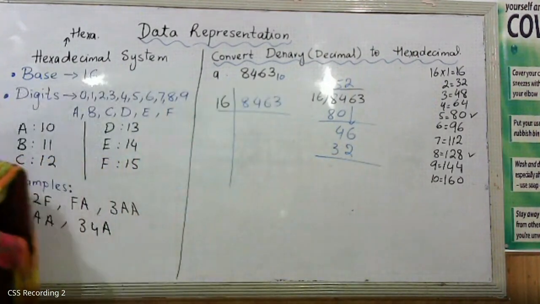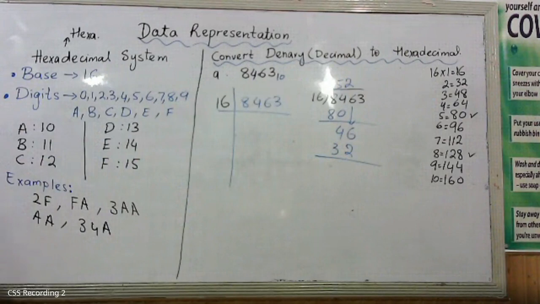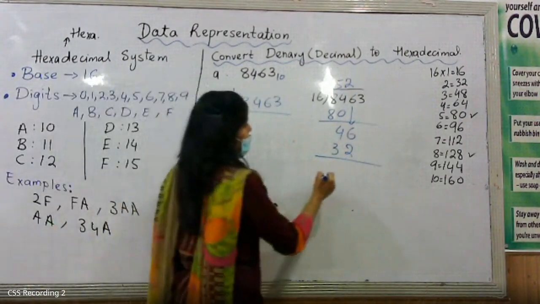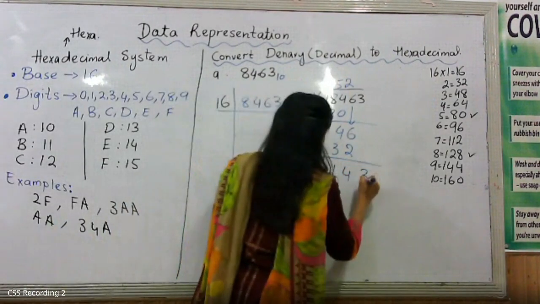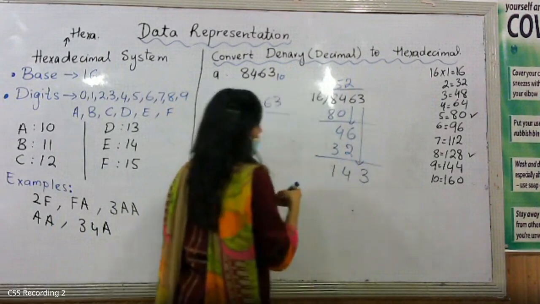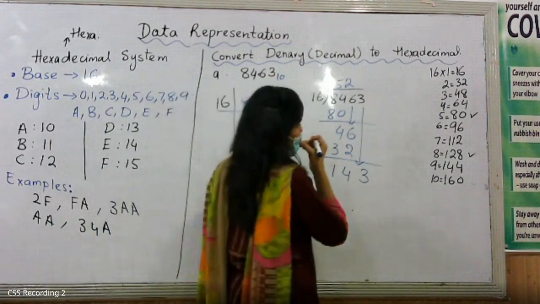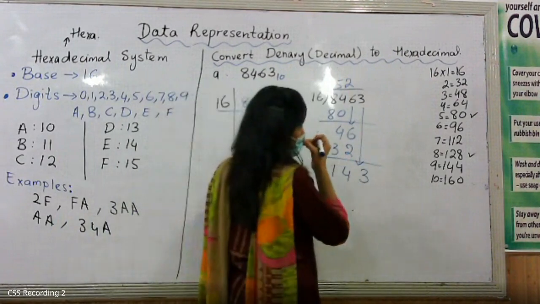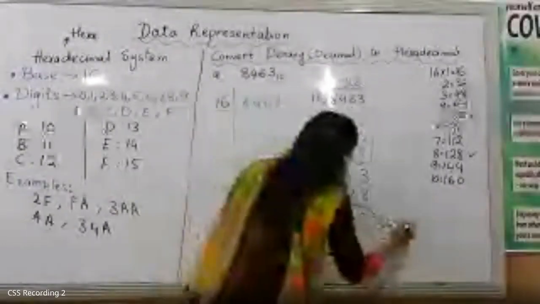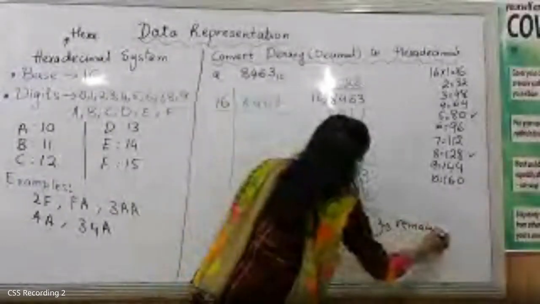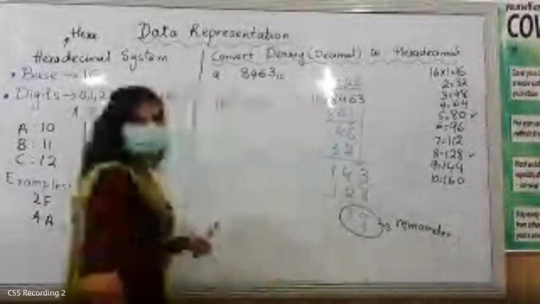After that, we will get 143. And it will be how many times? 28, and here to get the denary value, right?